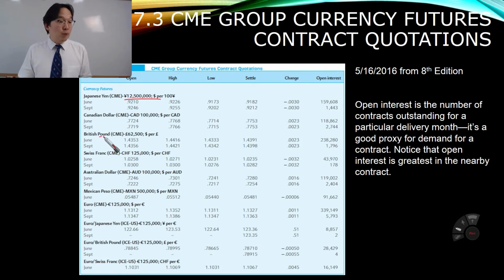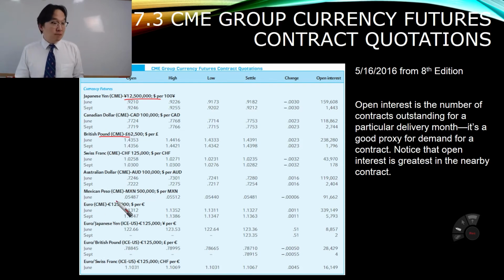What about British pound? That's 62.5 thousand pound unit. Why is it so? I don't know. It's just industry convention. And dollar per pound unit is shown over here, right? And then Swiss franc, the unit is 125,000 Swiss franc. And then Australian dollar, 100,000 Australian dollar unit.